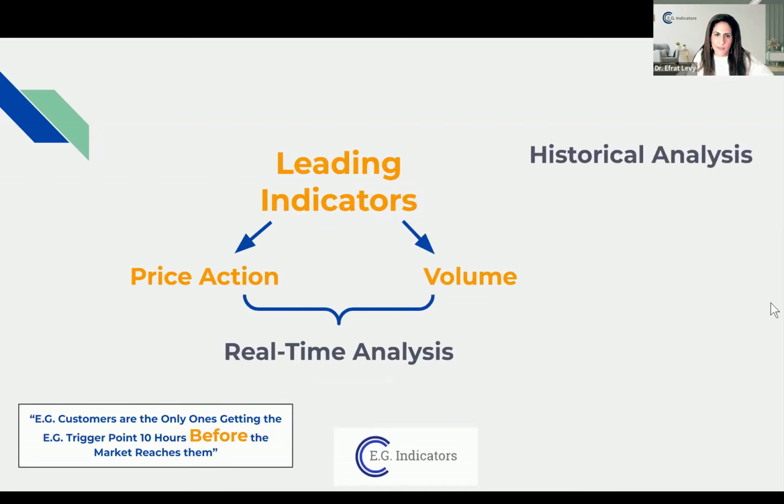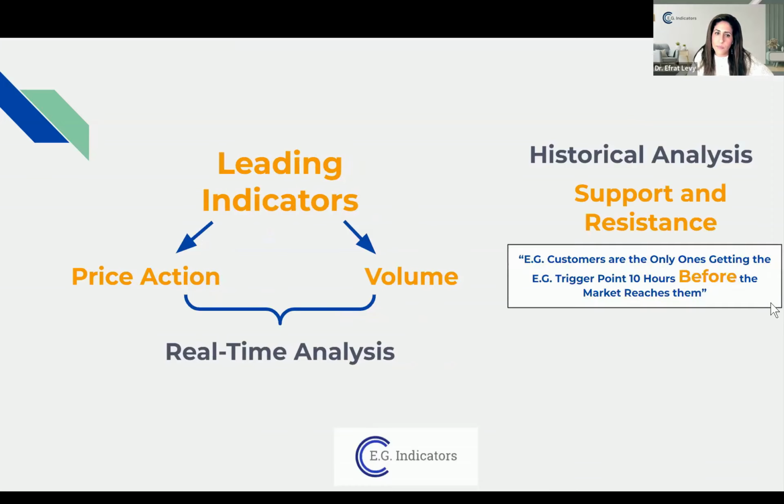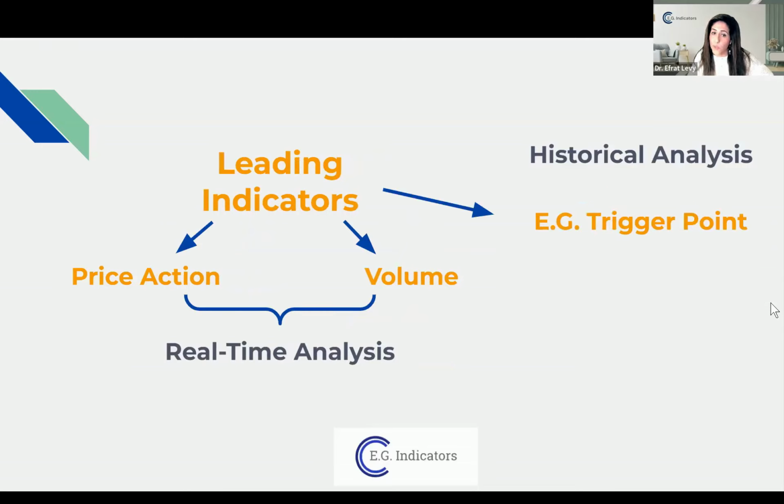Besides real-time analysis, we need historical-based analysis also. Indicators belonging to this family are support and resistance, but not intraday. Remember, the EG trigger point is only based on historical data, not lagging, leading.